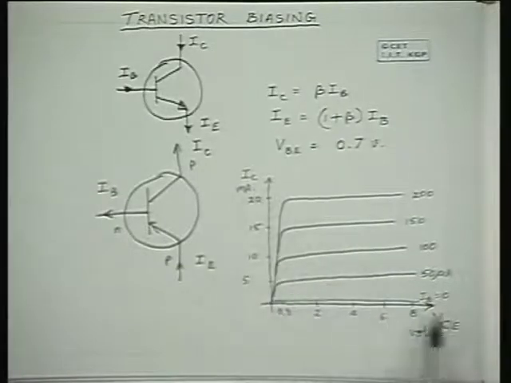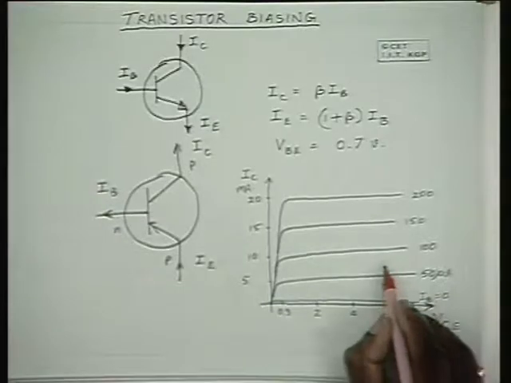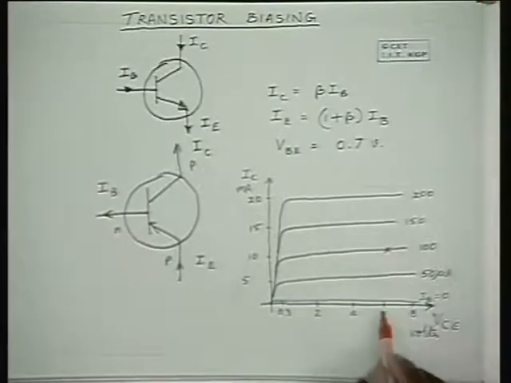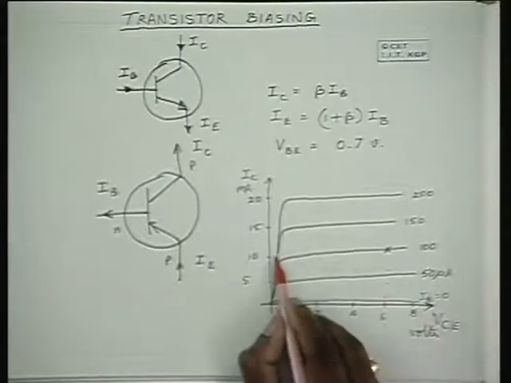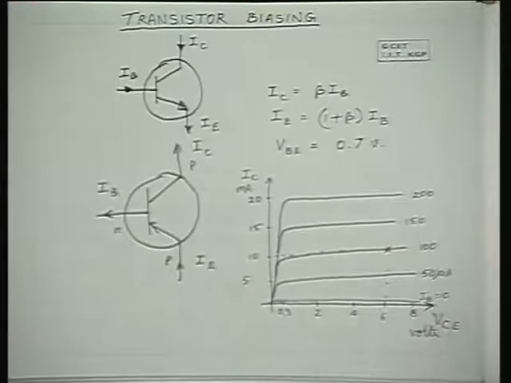Now this is the collector to emitter voltage and collector current characteristics, or the output characteristics. Now the question is, at what point do you operate a particular transistor? Do you operate the transistor at VCE equal to 6 volts and IC equal to 10 milliamperes, or do you operate it at 4 volts and 15 milliamperes?